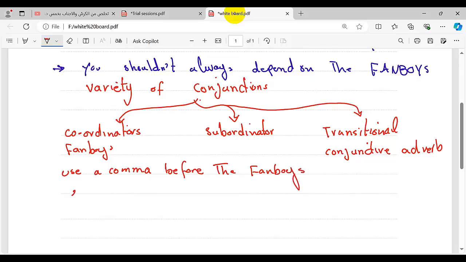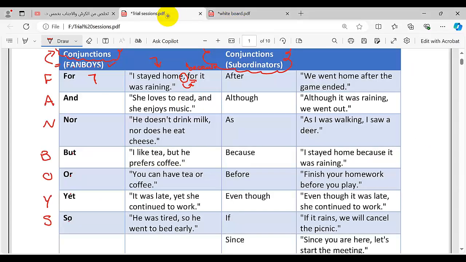If you used and to connect 2 sentences, comma before and, comma before for, comma before nor, comma before but, comma before or, comma before yet, and comma before so. So punctuation is very essential here.